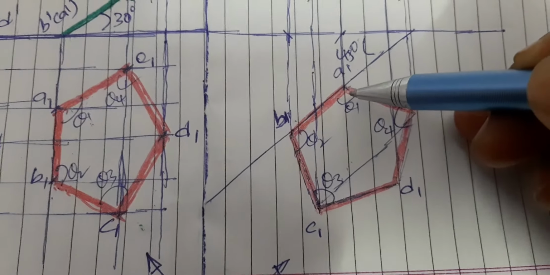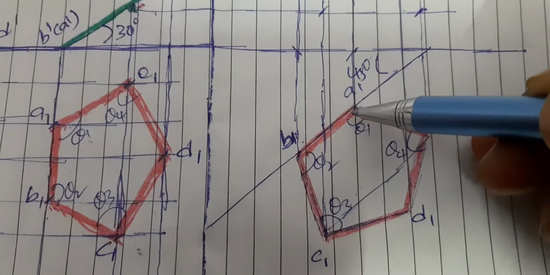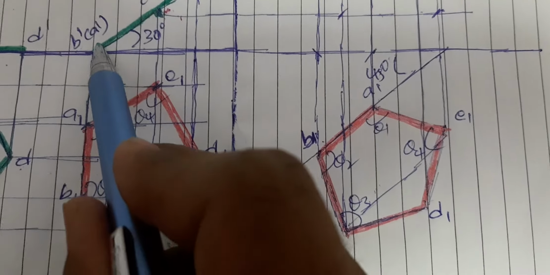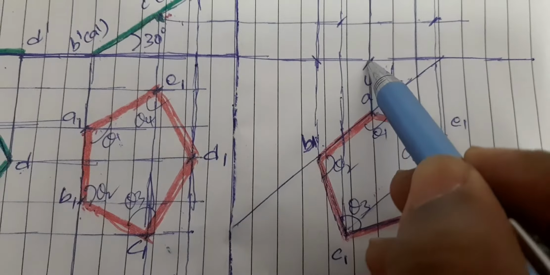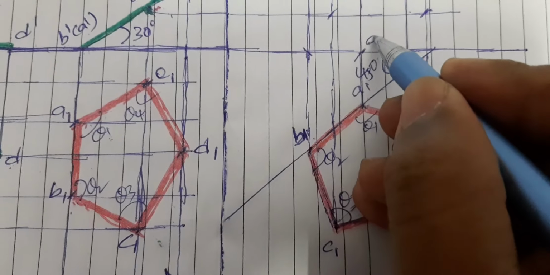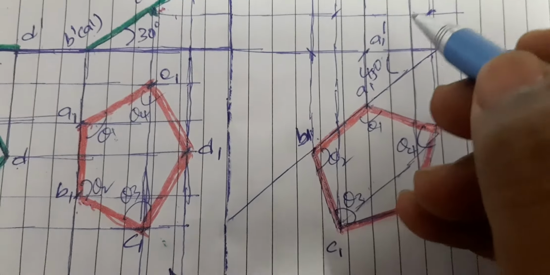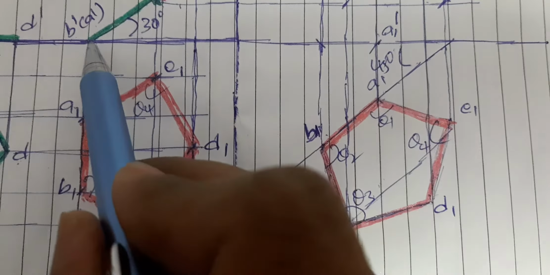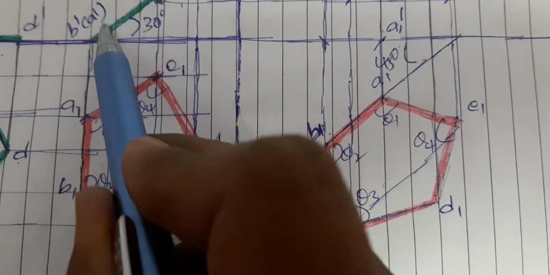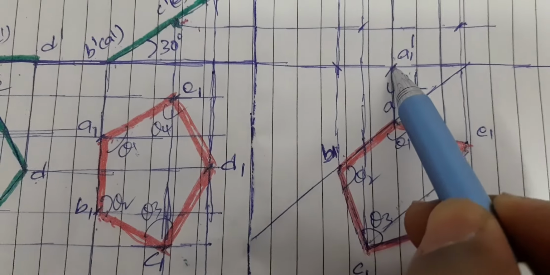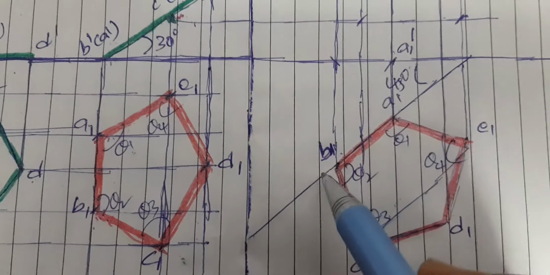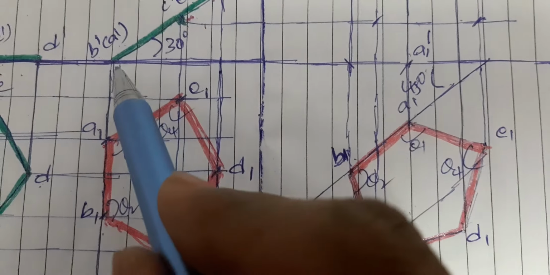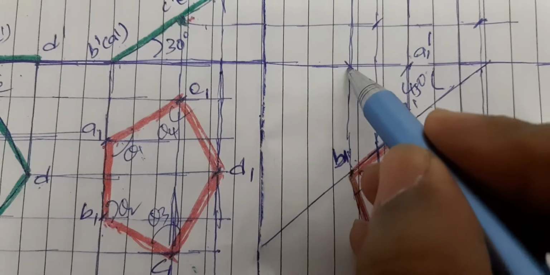We will go in sequence. The vertical line drawn from A1 and the horizontal line drawn from A dash intersect here. Name this position as A1 dash. In the same way, the vertical line drawn from B1 and the horizontal line drawn from B dash intersect here.